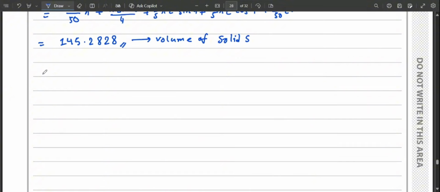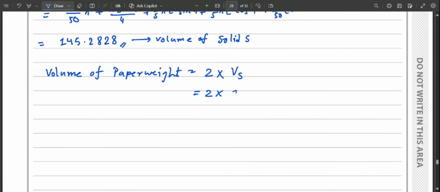So the volume of the paper weight would be 2 into the volume of our solid S. So 2 into volume of our solid S is equal to 2 into 145.2828, and this will give us 290.5656.